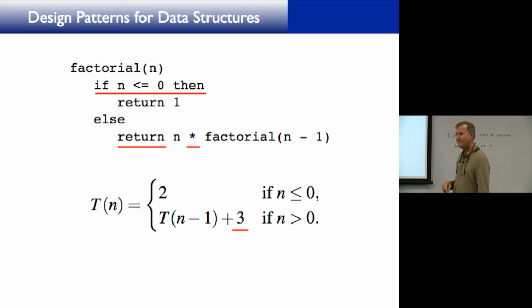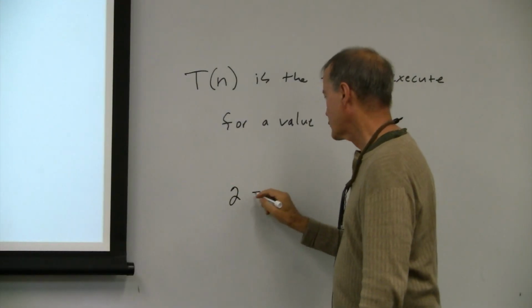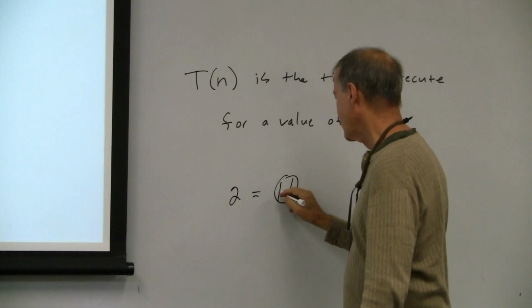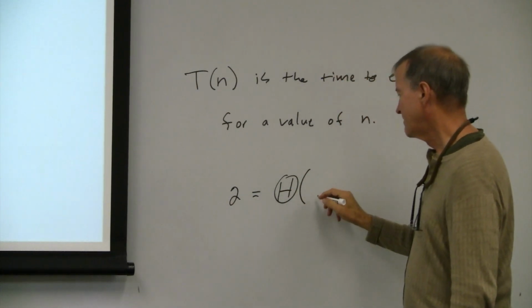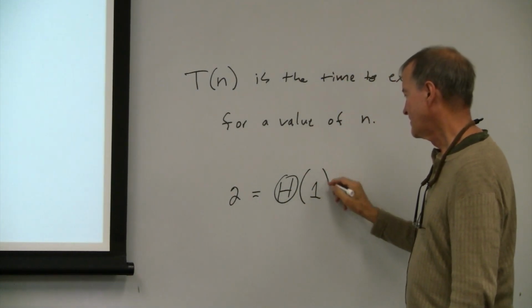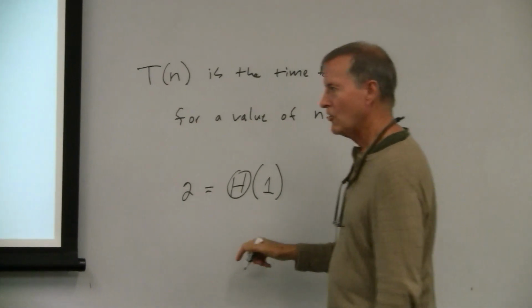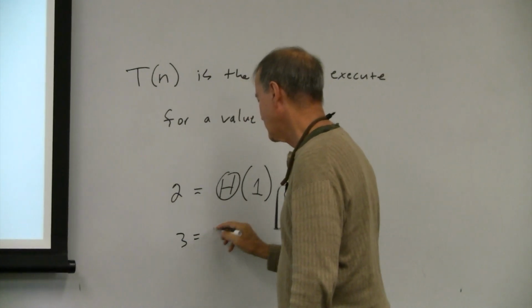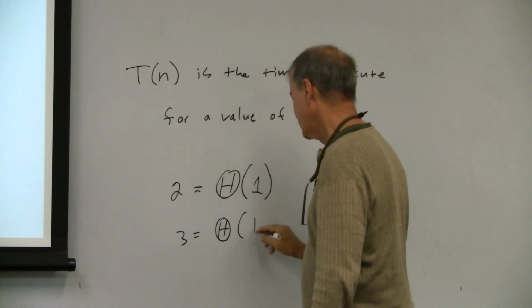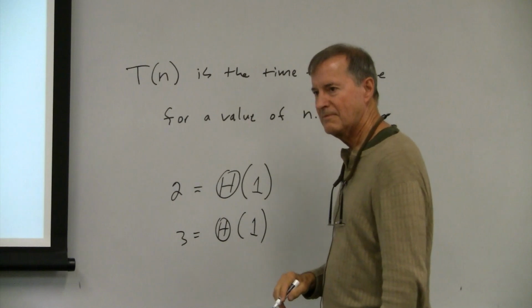So the multiplication there is an additional computation. Yeah, you know, that's a good question. The multiplication is an additional computation. But look, we can write it this way, but what do we know about 2? What is 2? 2 is big theta of what? Do you agree that 2 is big theta of 1? And do you also agree that 3 is big theta of 1?